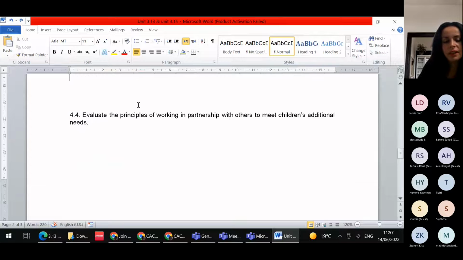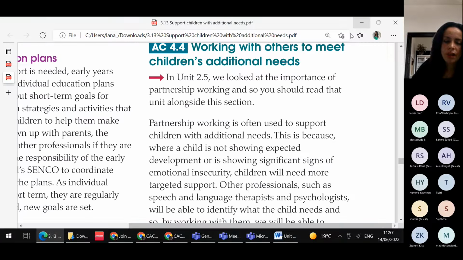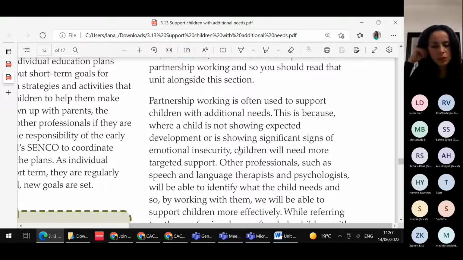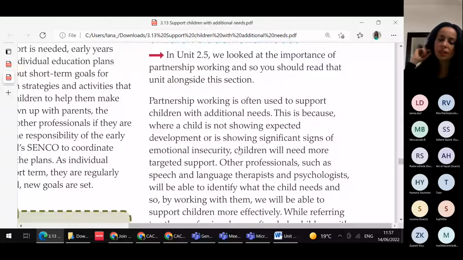So now evaluate the principle of working in partnership with others to meet children's additional needs. So what are the principles of working in partnership? For us as practitioners who work in a nursery, we work in partnership to support the child's special needs. Why? Because the child might not show the expected development.